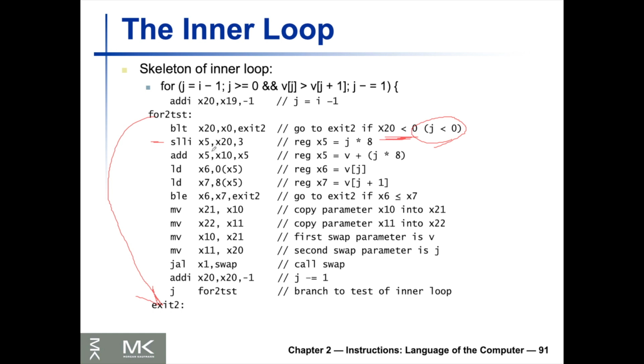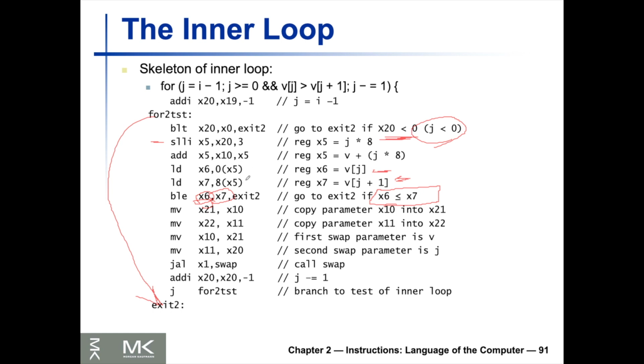And we save it at x5. We load our two values that we want to swap and check first, right? And then we branch if the case was less than or equal, so of these two, x6 and x7. We are trying to implement x6 being smaller than or equal to x7, which is v of j and v of j plus 1.